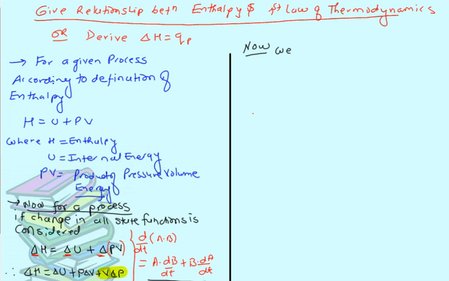Now we know delta U equals Q minus P delta V. Yes or no?